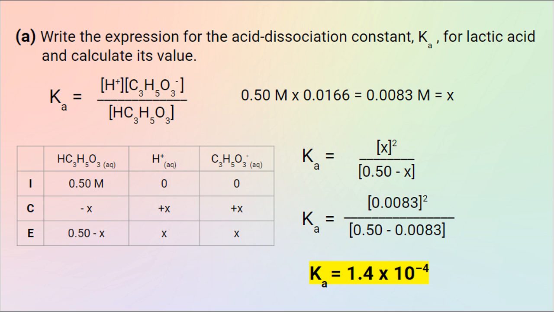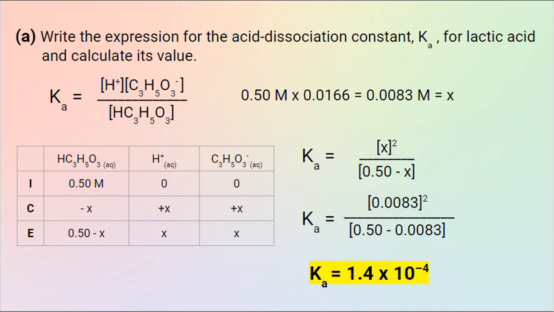And then after that, I got confused with how to calculate Ka. So what we're supposed to do is take the 0.5 molarity and multiply it by 0.0166, because that is the percent dissociated in the 0.5 molarity, and we get 0.0083 molarity for our x value.